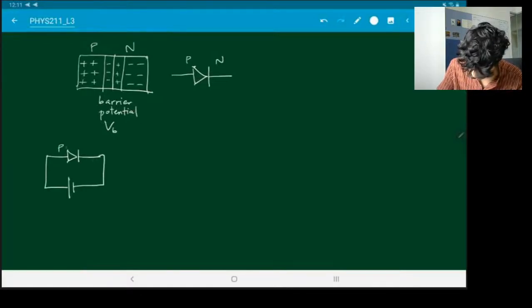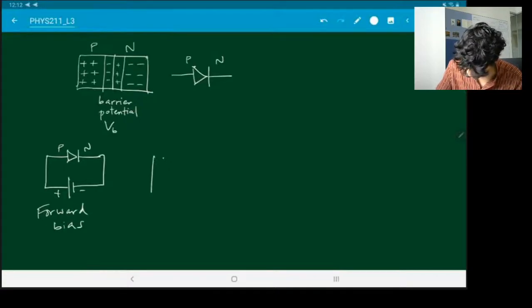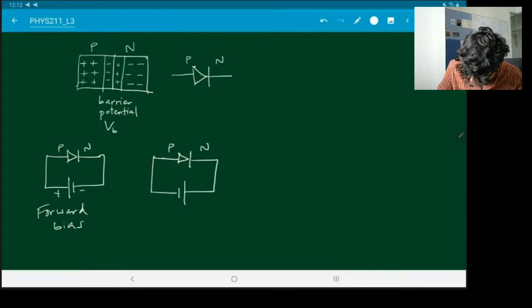You can either connect the P side to the positive terminal, and this is called forward bias, or you can do it the other way, which is called reverse bias.